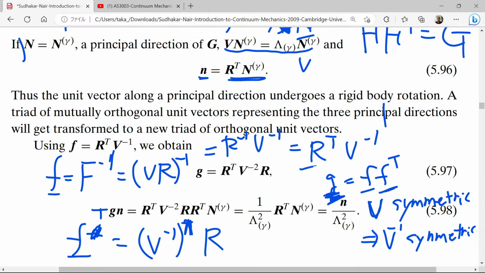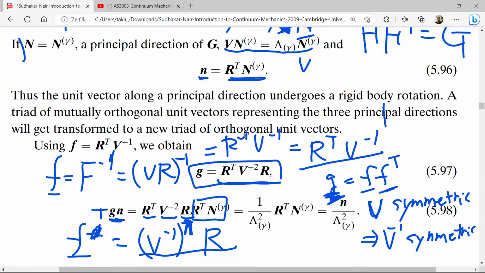So you multiply RT V inverse times V inverse R. So you obtain RT V inverse square R. So then you multiply N, Gn. You make Gn, so RT V to the power minus 2, R, then this part is from this N.